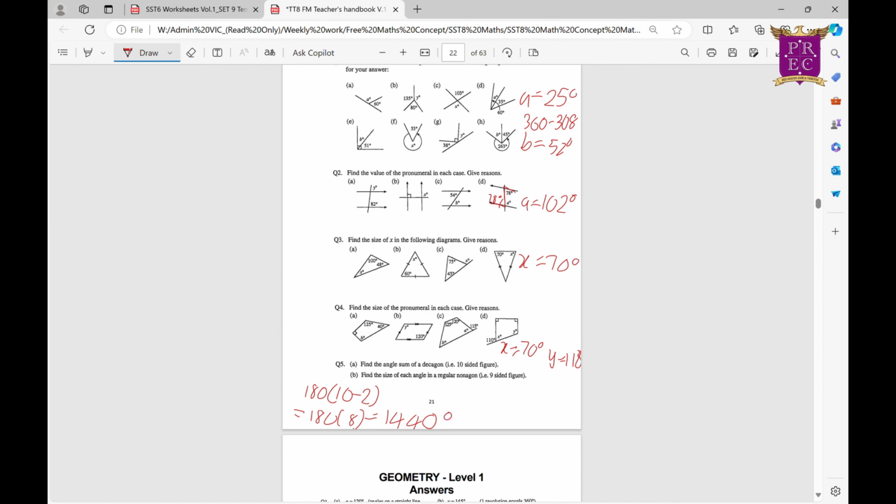Now for the size of each angle, we do 9 minus 2, which is 7, so 180 times 7 gives us 1260, but we need to find the size of each angle, so we divide by 9, which should give us 140. As easy as that.